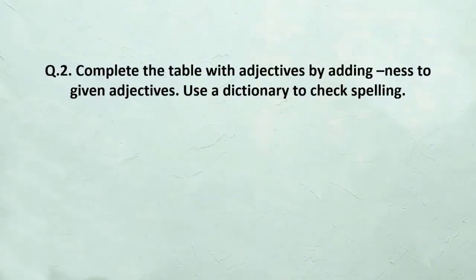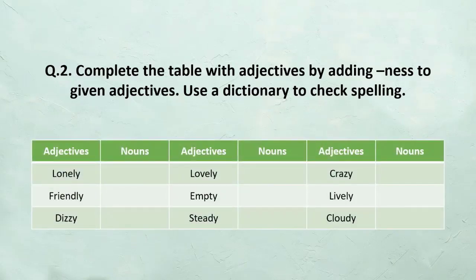We have another exercise for you: complete the table by replacing Y with I and adding NESS to make new nouns. Students, don't forget to use a dictionary. You can see in front of you, there is a table of some adjectives.